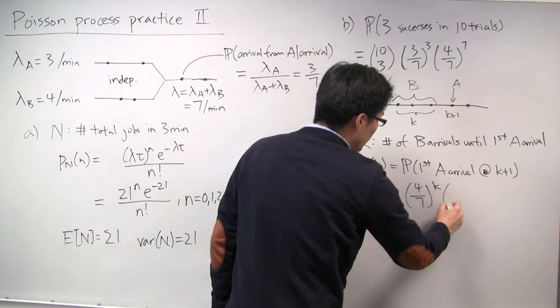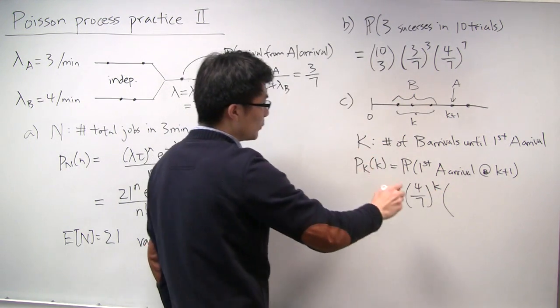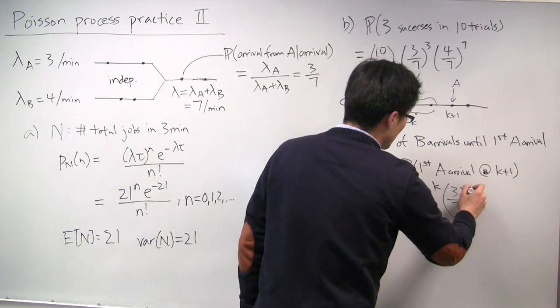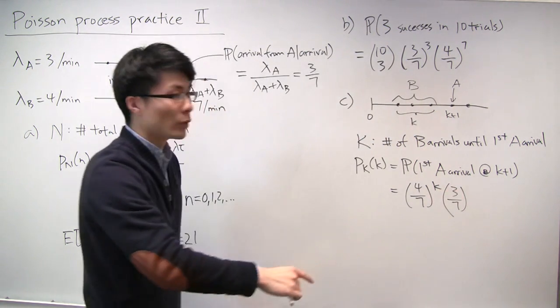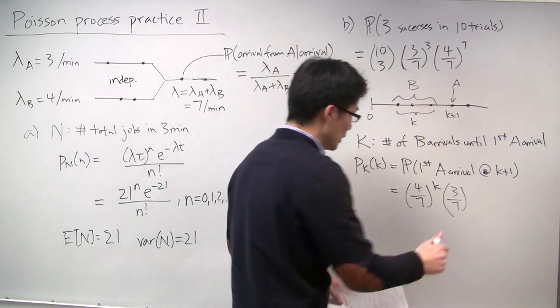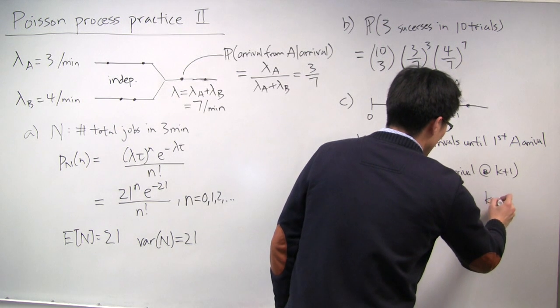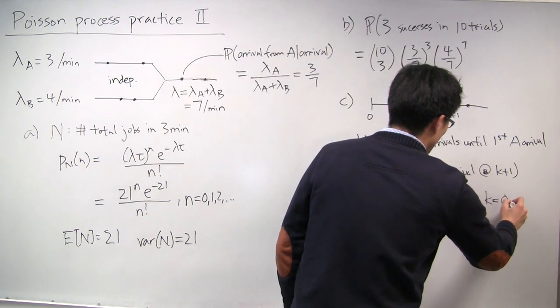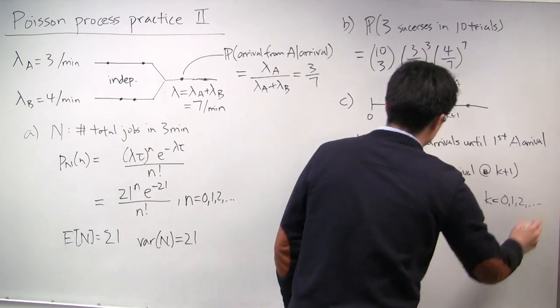So we need the first K of those to be of type B, and then we need the K plus 1 arrival to be of type A, and that's with probability 3 over 7. And so that gives us our answer. And this is valid for K equals 0, 1, 2, and so on.